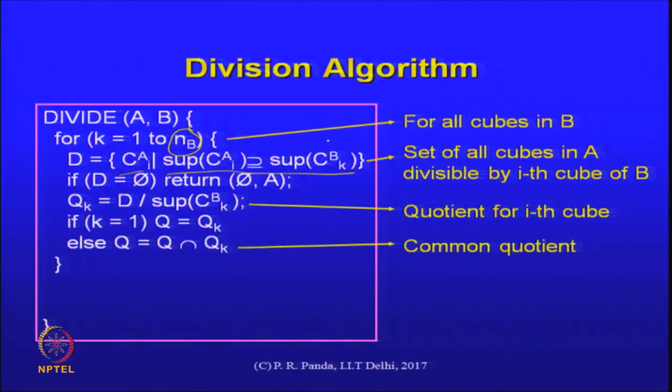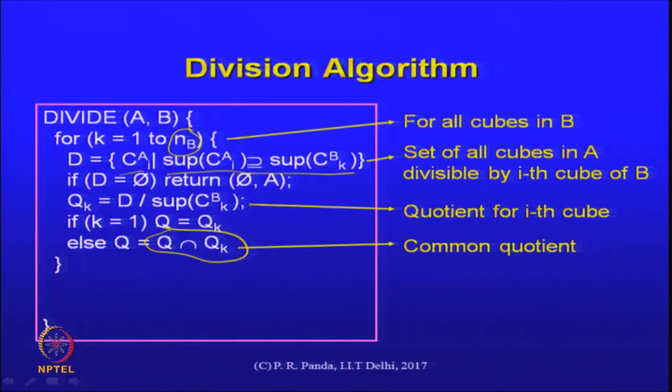So I picked up the quotient Qk. If this is the first time, then I will say Q equals Qk, this is an initialization. But if it is the second iteration or the third iteration, then I am doing an intersection of what is already there from previous iterations with what I just computed in the current iteration.